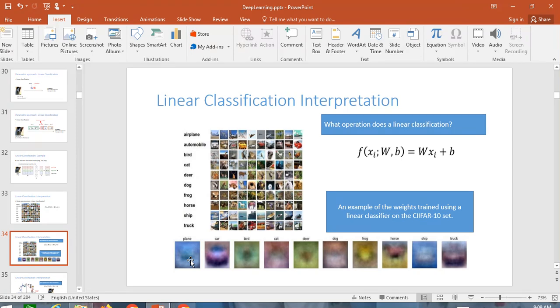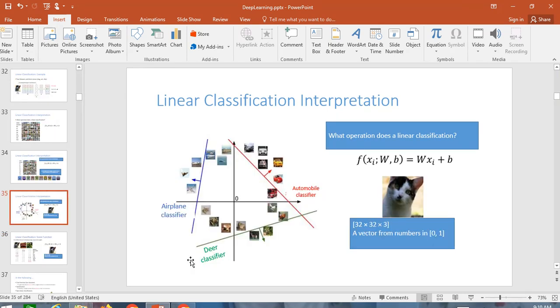Now there is another interpretation. You can enter the geometric space. Consider two-dimensional space. You can have this line equation. We draw weight vectors into the space, then we consider the input image and compare the coordinates.